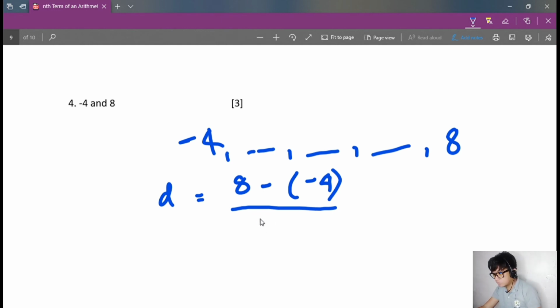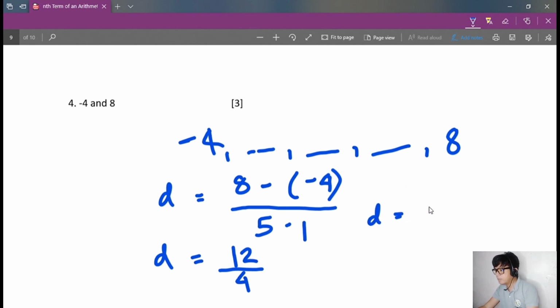Our n is 5 minus 1. So 8 minus negative 4 is 12, and 5 minus 1 is 4. So D is equal to 12 divided by 4, that is 3.